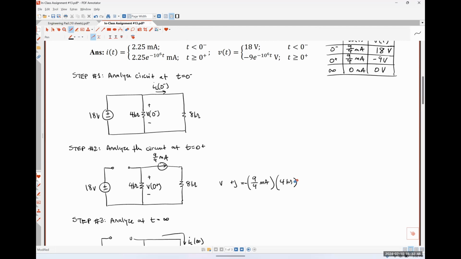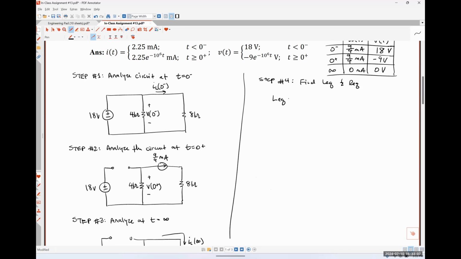All right. So let me give myself some room here. So step number 4, we're now just going to find LEQ and REQ, right?